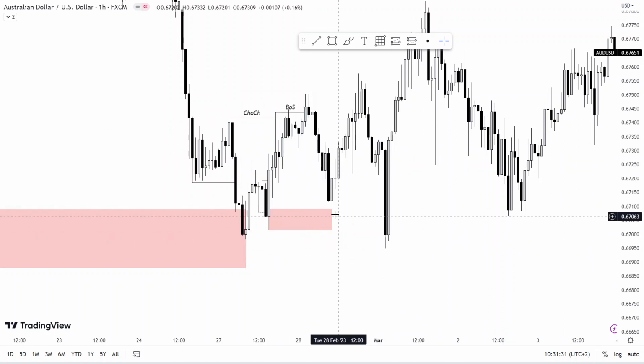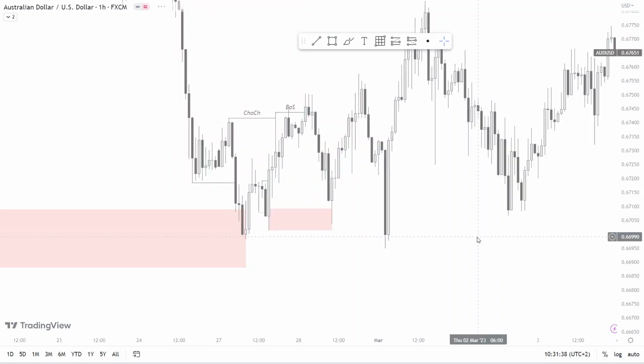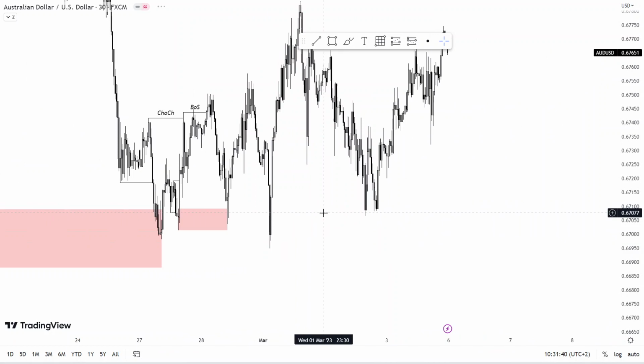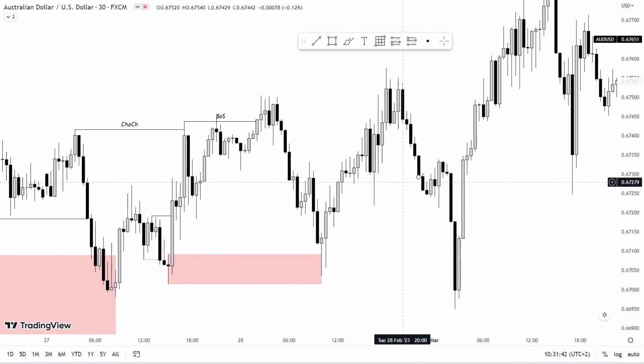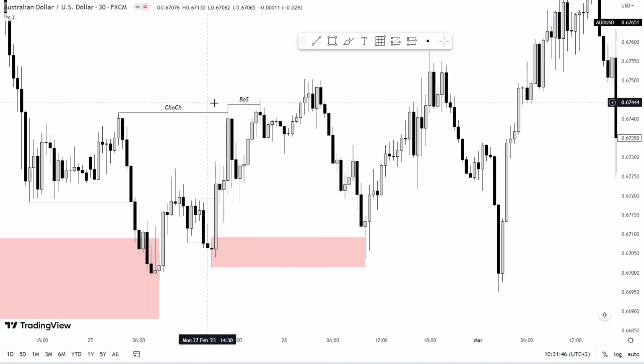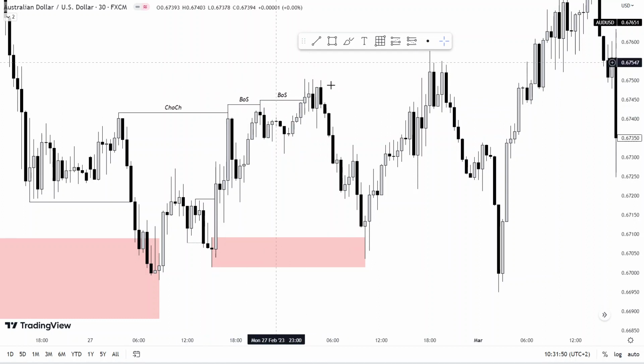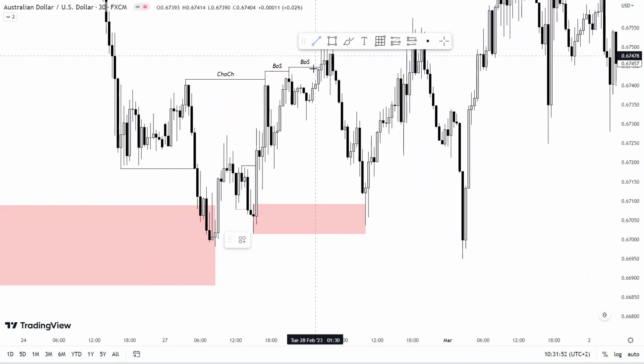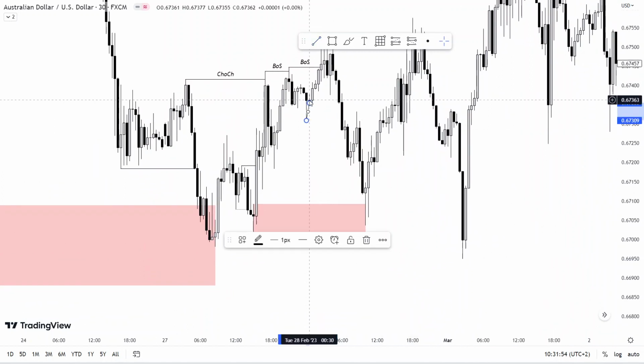So from there we expect a buy somewhere around here, which on the M30 is something like this. A break of structure right here, break of structure right there. And then we have our inducement levels right here.